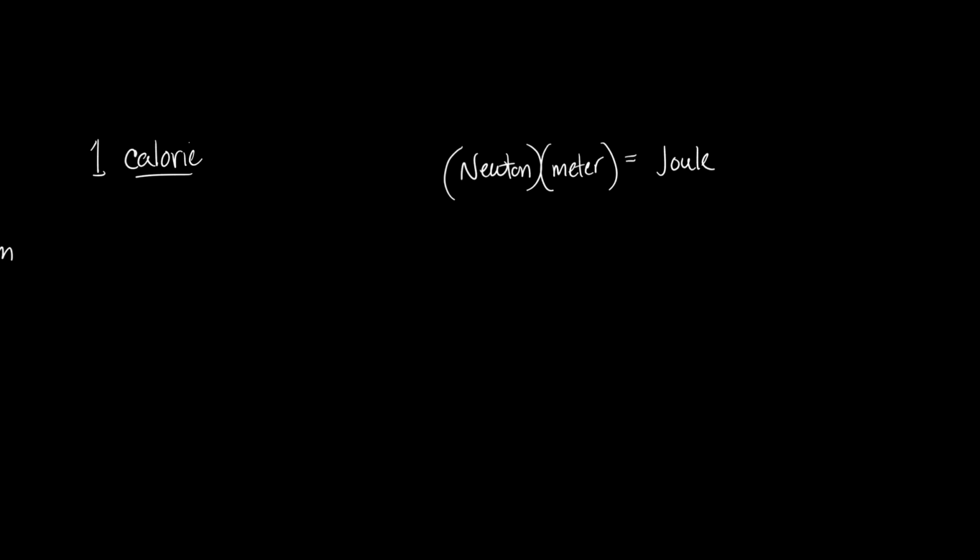But yes, a joule is a Newton meter. Pay attention. A Newton is kilograms meters per second squared times meter. Do the math on this. That's a kilogram meter squared per second squared, right? Kilogram is a measure of what?